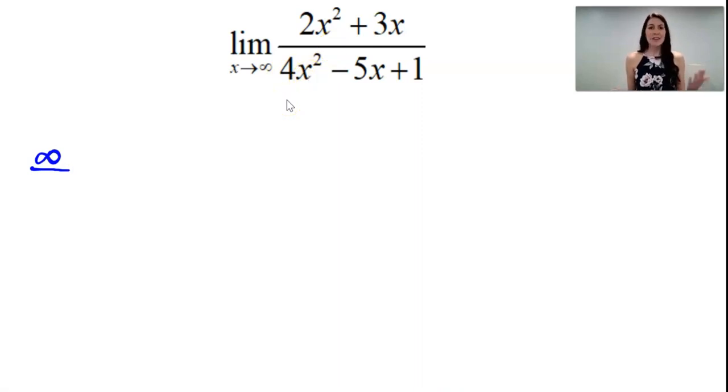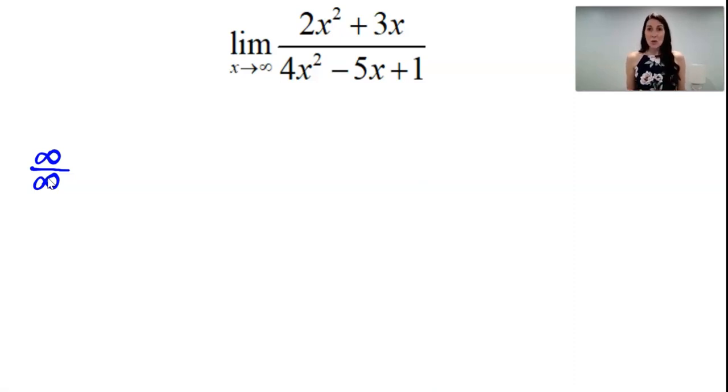If I'm subtracting 5 times infinity plus 1, if I've already done 4 times infinity squared, that's already a huge number, which is also equal to infinity. So you get something that looks like infinity over infinity, and you may be wondering, what does infinity over infinity equal? In this case, we have to come up with a different method in order to find this end behavior value.